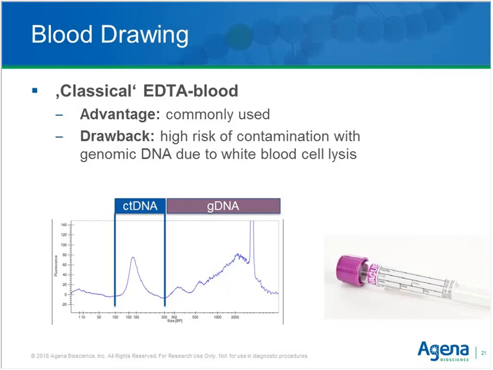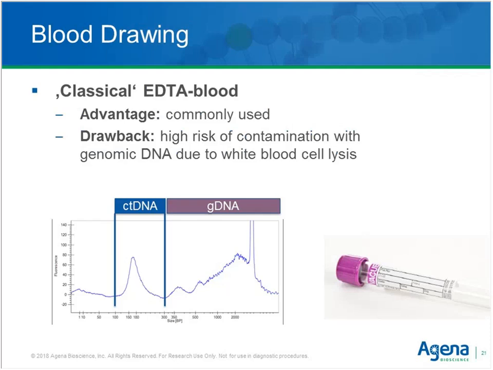So going back to the first step, which is the blood drawing. The most commonly used tubes are the EDTA tubes that are around in the clinics all over the world. Their advantage is that they are commonly used and easy to get, so it's actually not a problem to use blood or blood plasma from EDTA blood.